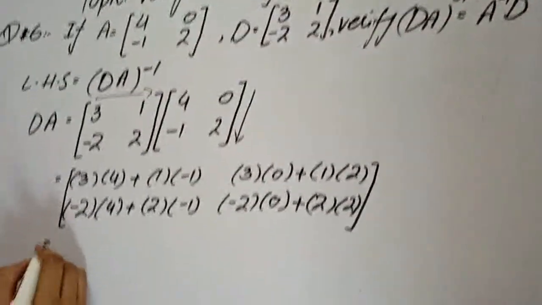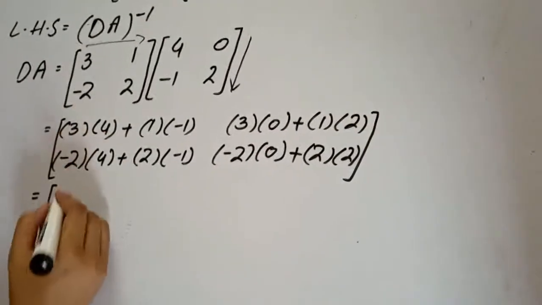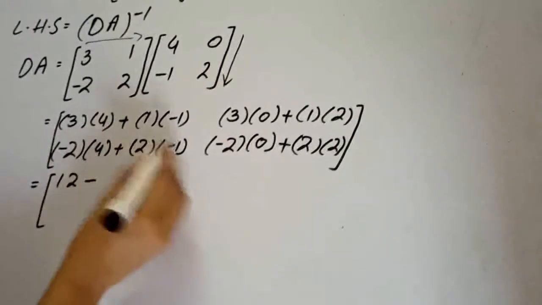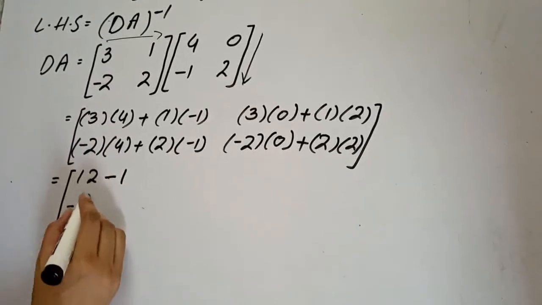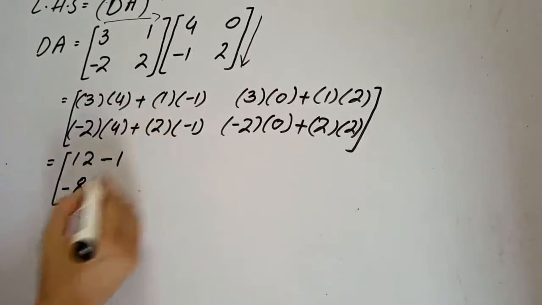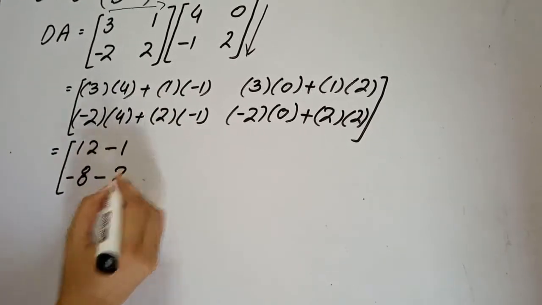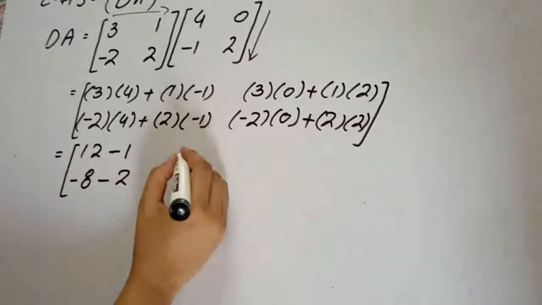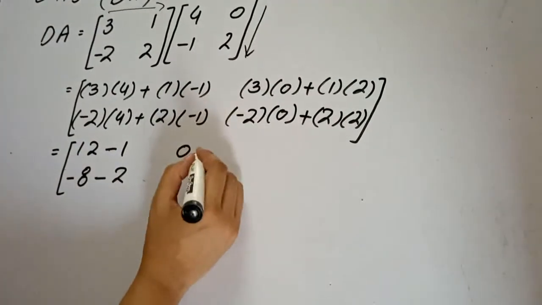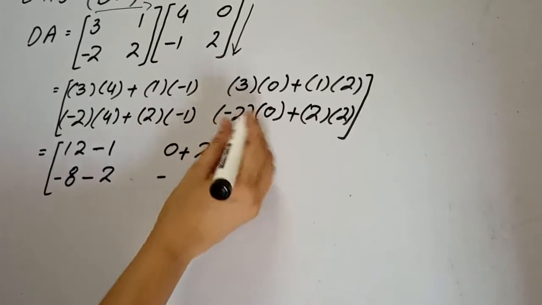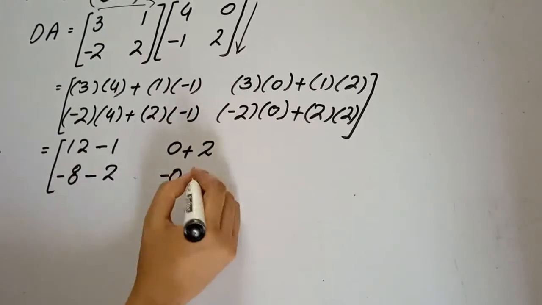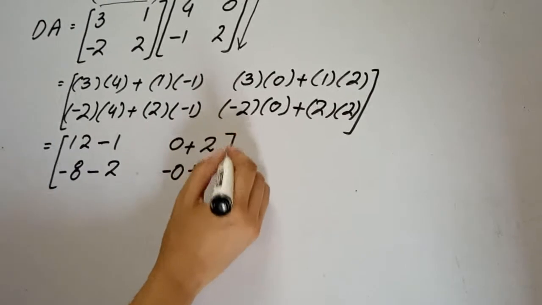We'll simplify this. 3 into 4 is 12, plus 1 into minus 1 is minus 1; 3 into 0 is 0, plus 1 into 2 is 2; minus 2 into 4 is minus 8, plus 2 into minus 1 is minus 2; minus 2 into 0 is 0, plus 2 into 2 is 4.